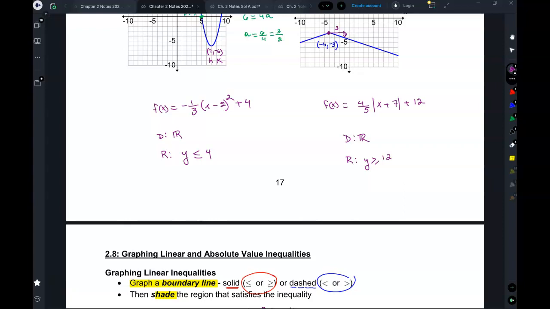Positive, greater than or equal to that number. None of these make a difference in the range. So if you're ever walking down the street and you see a billboard with an equation of a parabola or an absolute value function, you should immediately be able to figure out domain and range, not to mention the vertex.